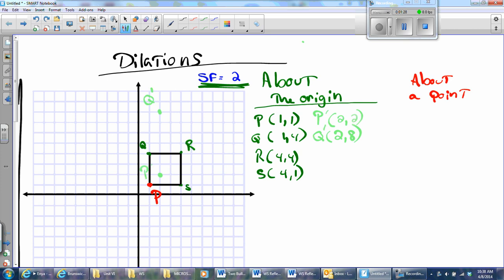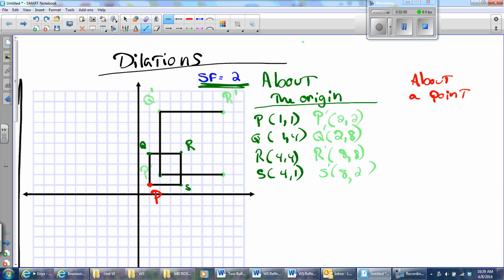Okay, P prime. All right, R prime will be at 8, 8, which I believe will be right there. And then S prime, not Optimus prime, S prime will be at 8, 2. And there you go. I just dilated, which means to make bigger or smaller, this square about the origin using a scale factor of 2.